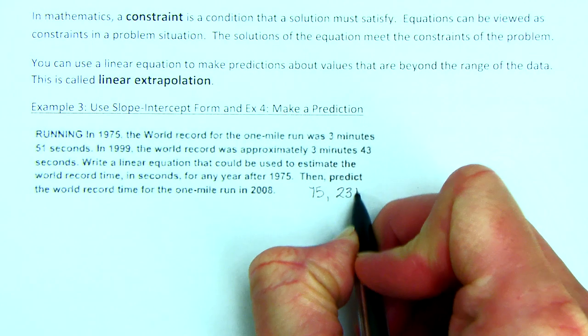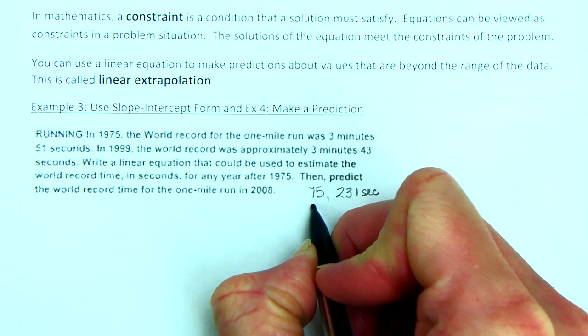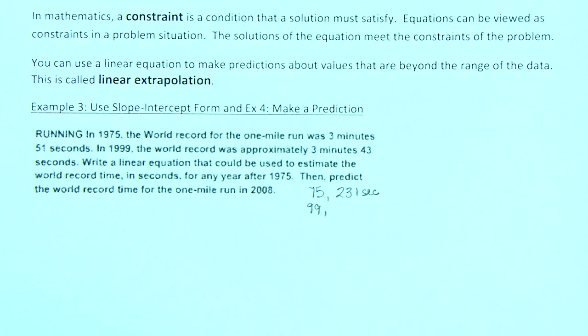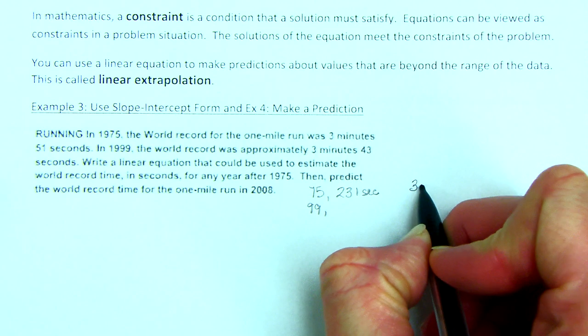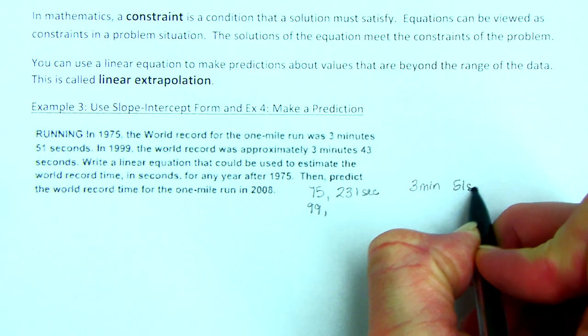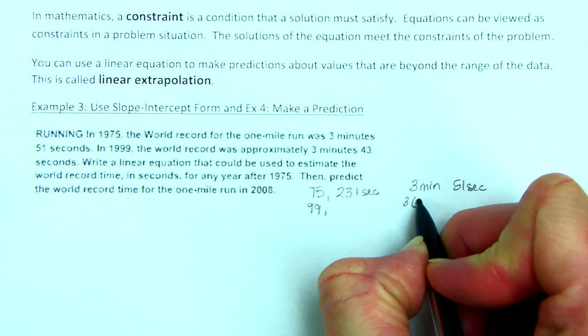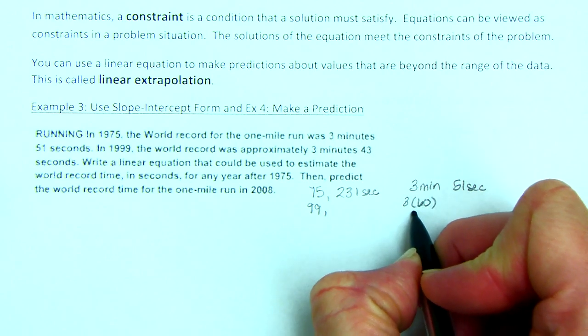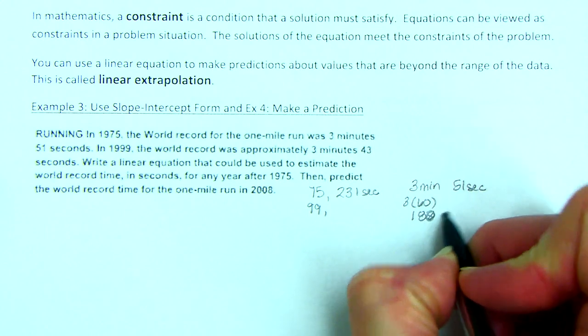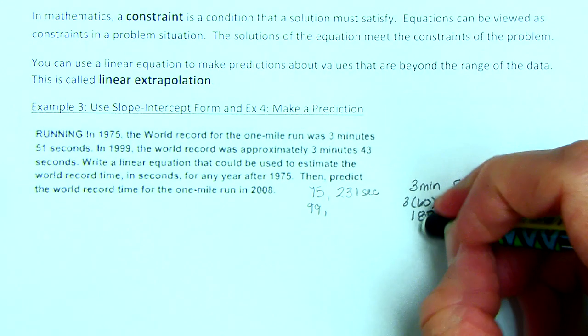And then in 1999, let me show you what I'm doing here. So 3 minutes 43 seconds. I'm going to take 3 times 60. So that's 180 seconds plus 43 seconds.